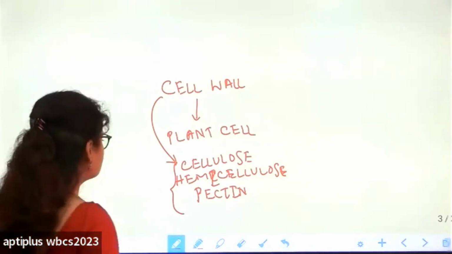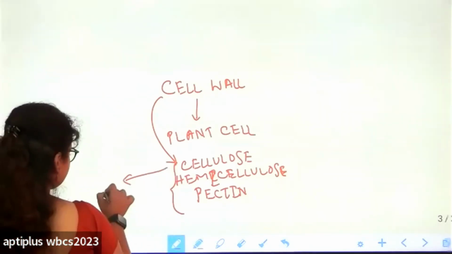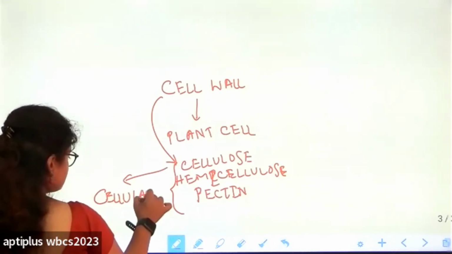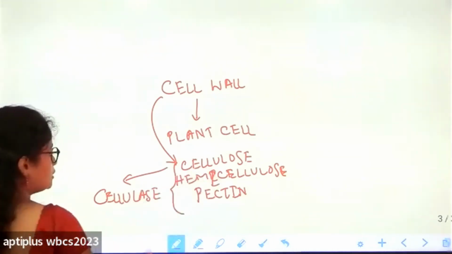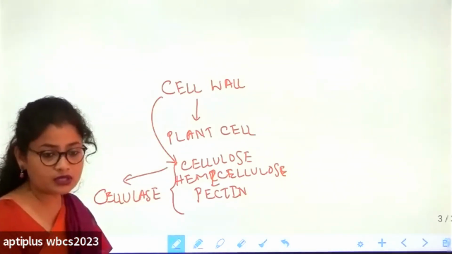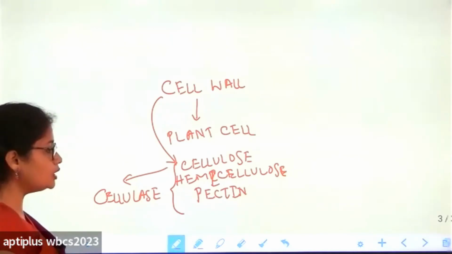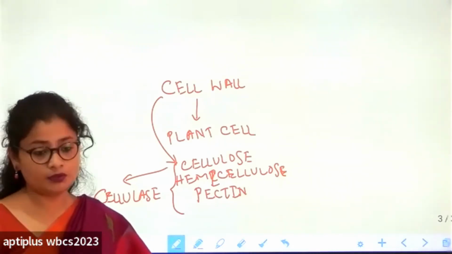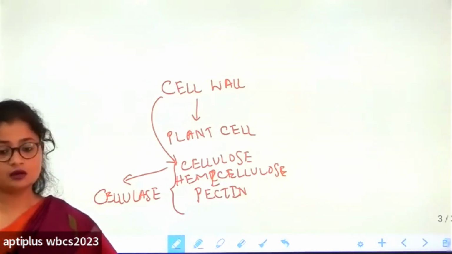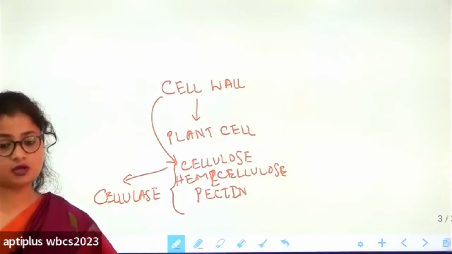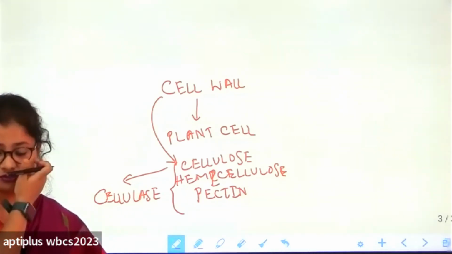So the plants have this enzyme but we don't, and that's the reason why the plants have cellulose, meaning a cell wall. Cellulose is the main component, so the plants have this cell wall, but the animal cells do not have a cell wall. Okay, so I think that's a very brief idea about the cell and the cell organelles. Thank you very much.